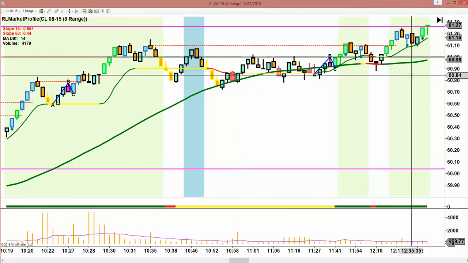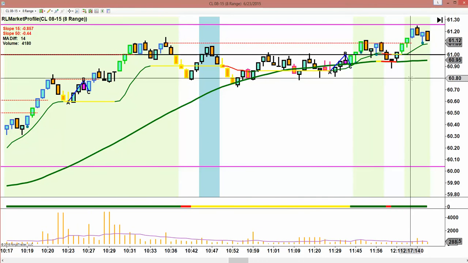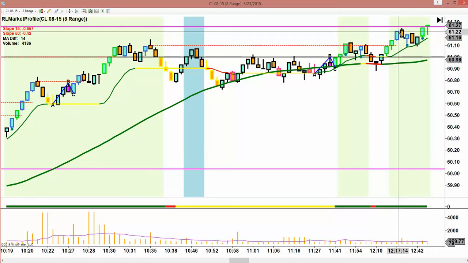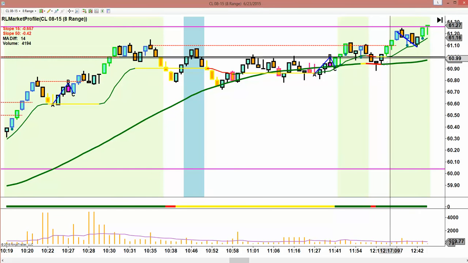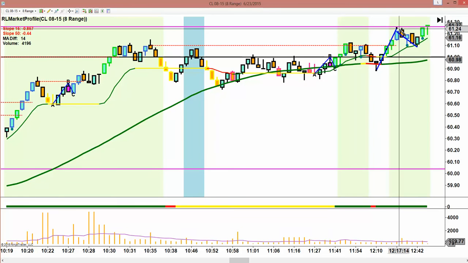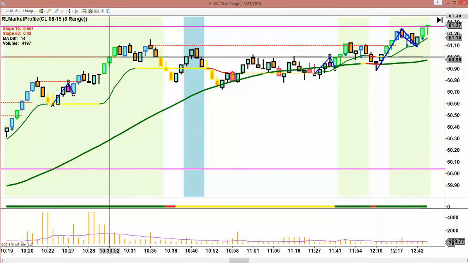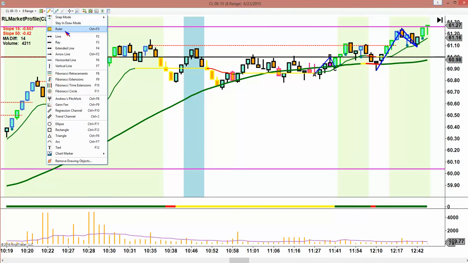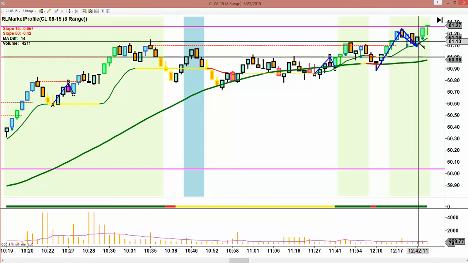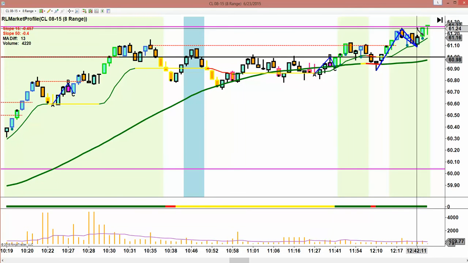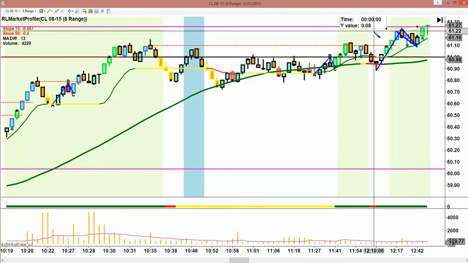Oh, here's another trade I saw that I liked right here. Now here's a move to the downside. Here's the break. Here's a move to the downside. Now, what you want is you want your entry to be at least 5 ticks from the value area high. This is 8.